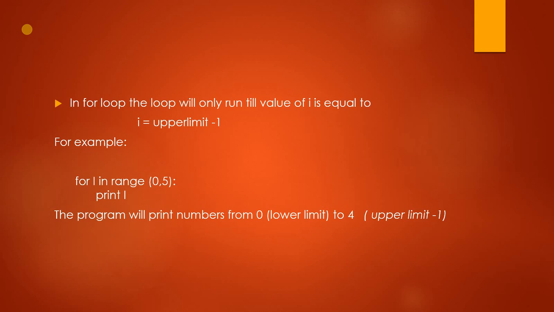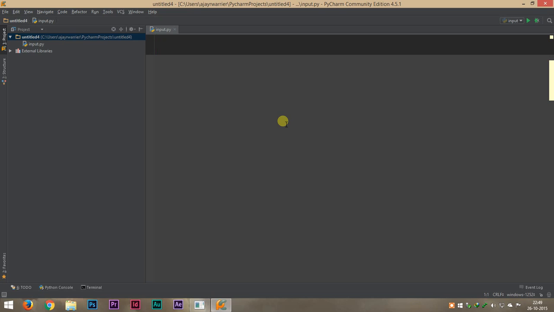Now that's all great. Now let's try actually writing a program in PyCharm. Alright, so we have PyCharm opened up here. We're going to write a program that will print our first 10 numbers. We could do that in 2 ways.